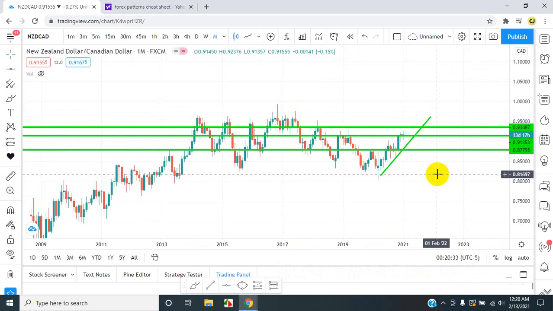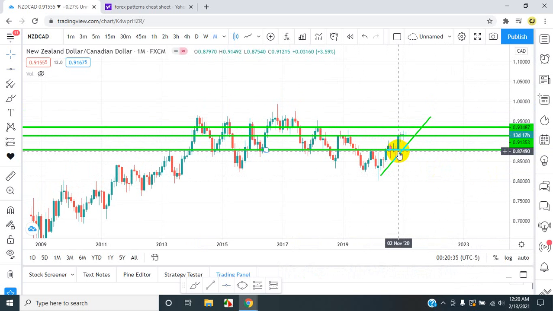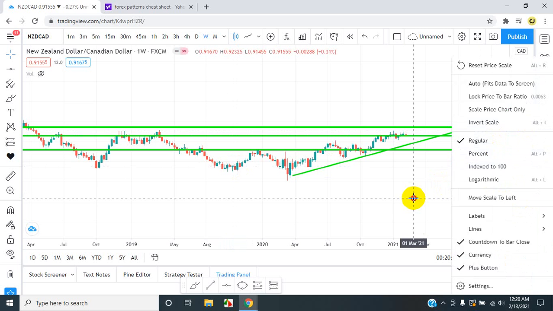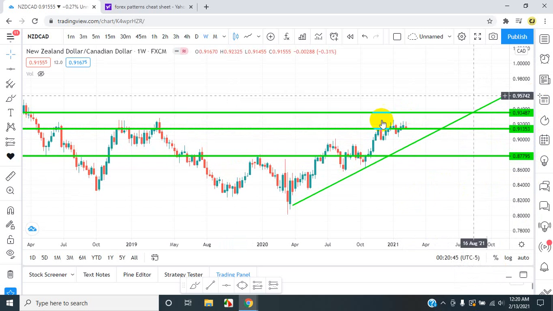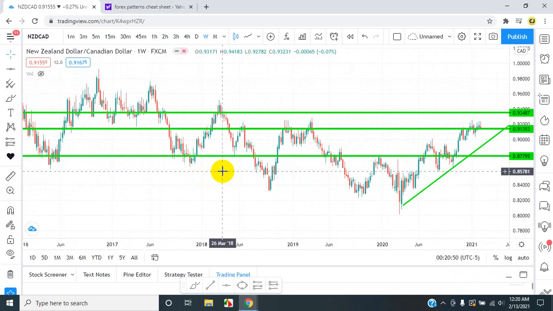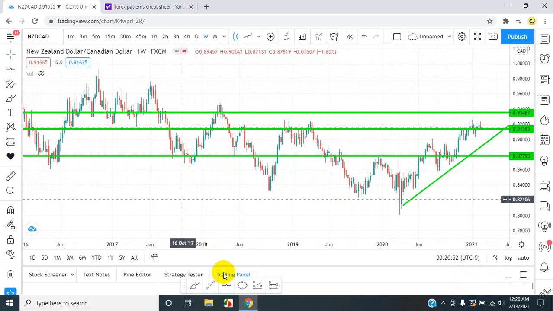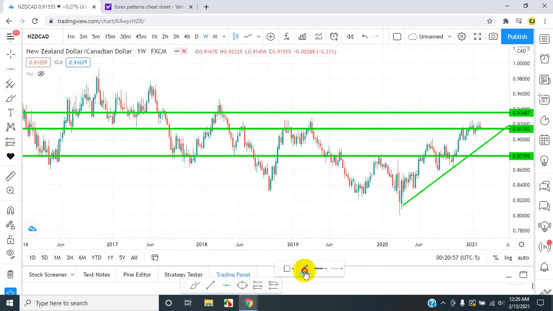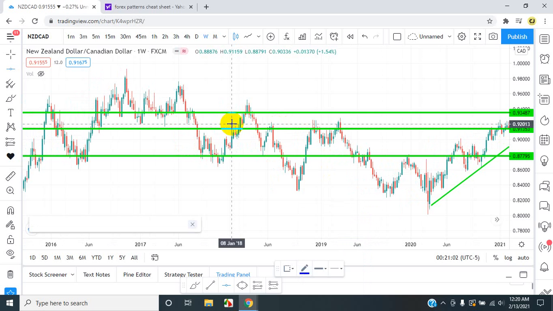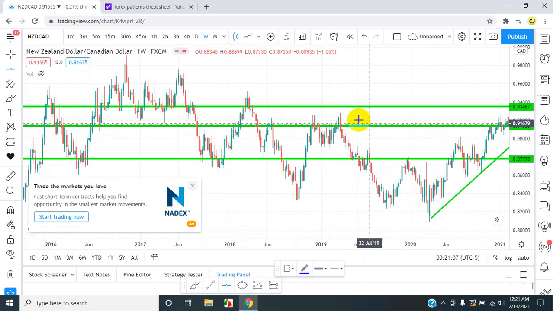Next we will be identifying our SR lines on the weekly. So we are on the weekly time frame, and we're going to add blue SR lines between the green lines.